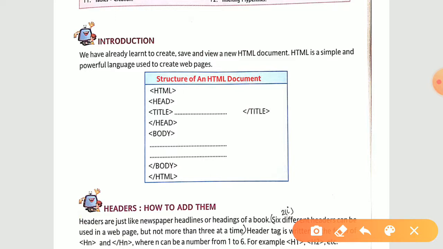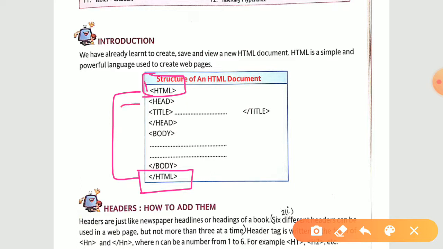Now see the structure. Firstly we are having this HTML tag. Okay, this tag is open at the very front and this tag is closed at the very end. Okay, so at the very starting we are going to open our HTML tag, and at the very end we are going to close this HTML tag. Now everything should be contained in this HTML. So again this overall thing is divided into two parts.